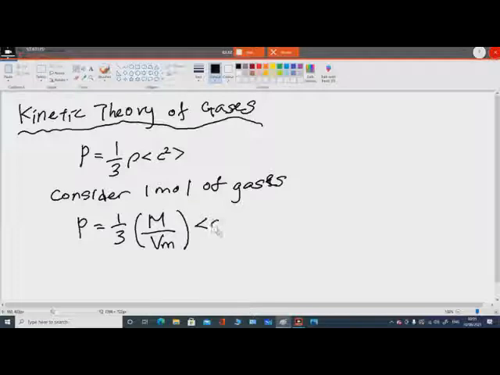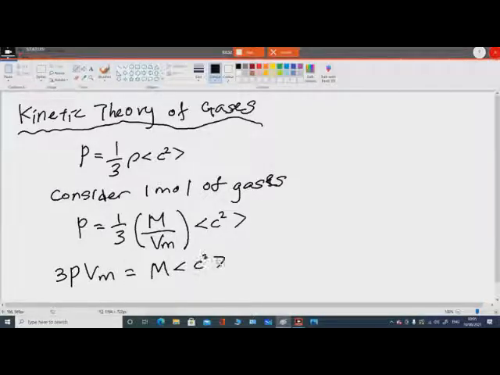Let's move the 3 and Vm to this side. So we get 3PVm equals M C squared.